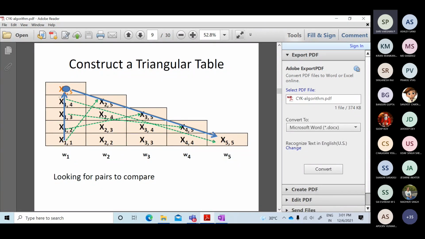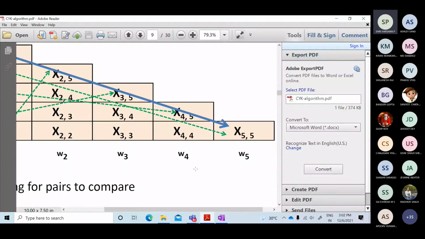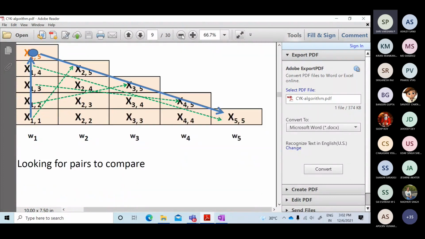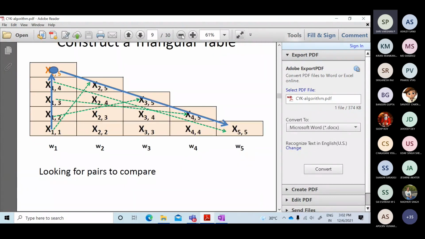I'm going to compute the cross product of this one and this one, the green line, x14 and x55, taking this one and this one, and this one and this one.